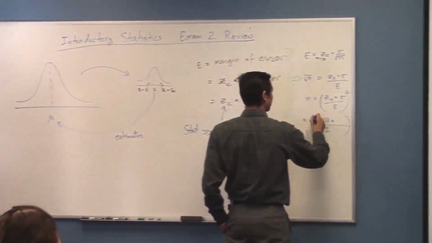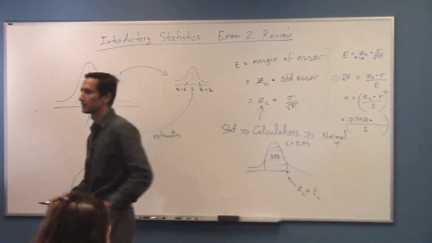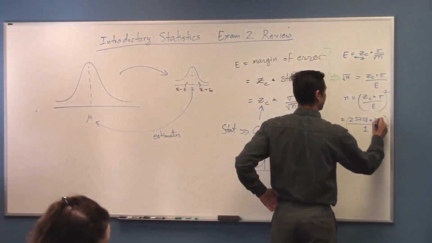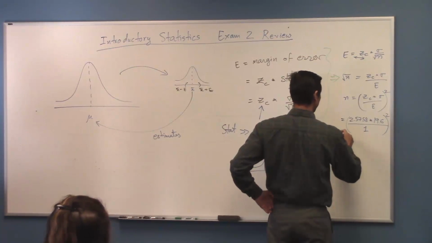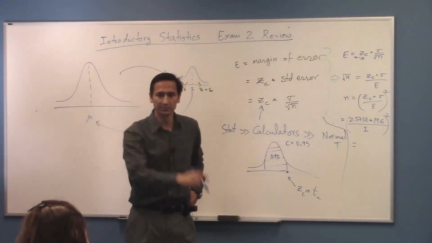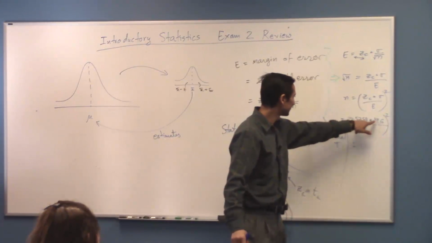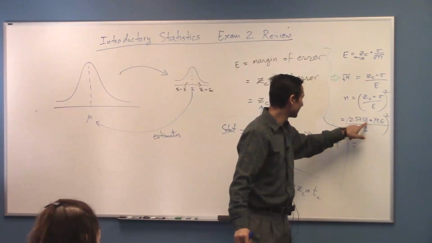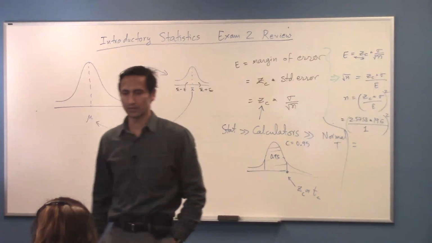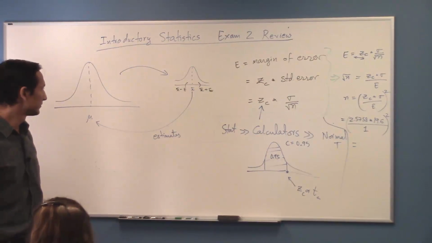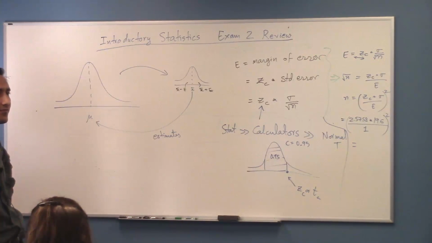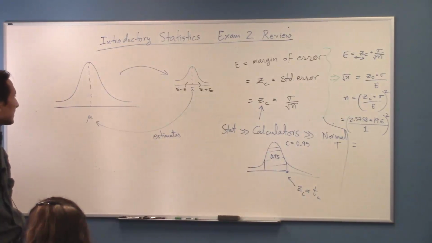It was 1, but what was the sigma? 19.6. 19.6 squared. So just use your calculator. Can somebody use the calculator here? 2.5758 times 19.6. And find the answer and square that. Square the product.